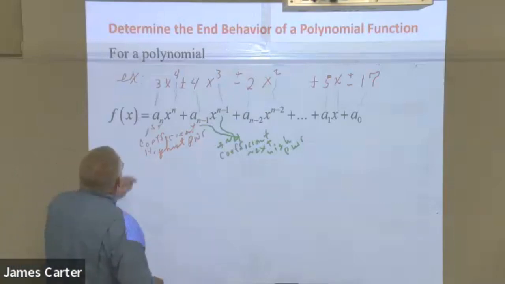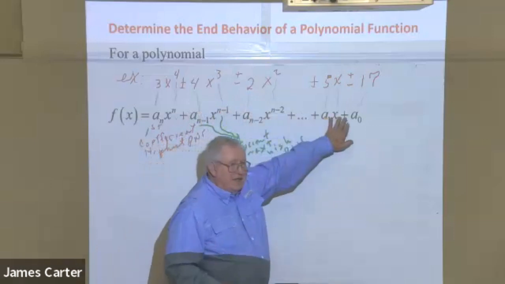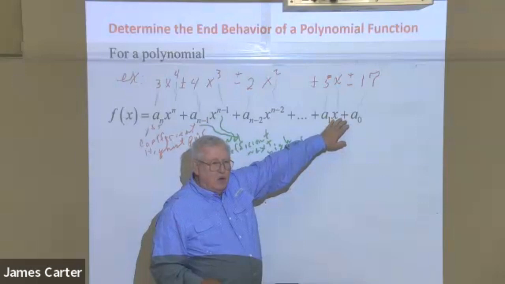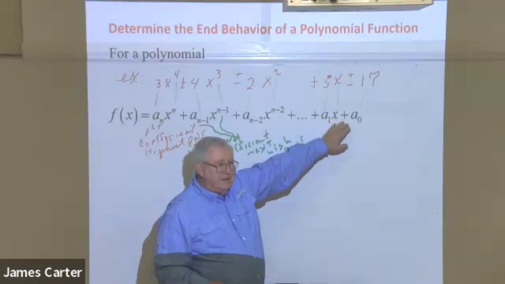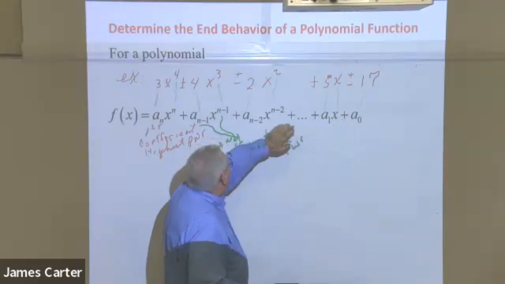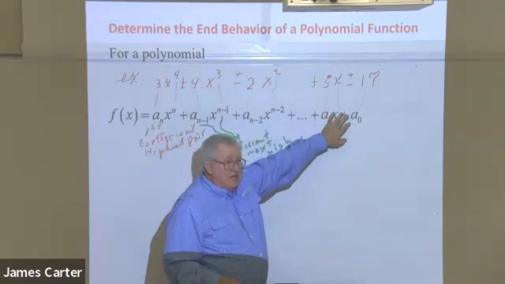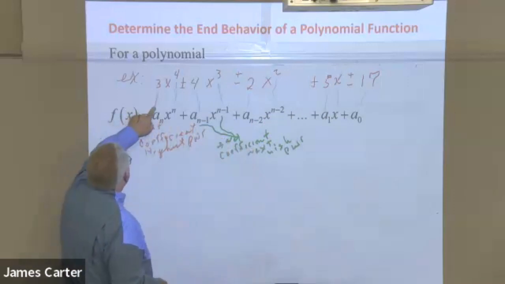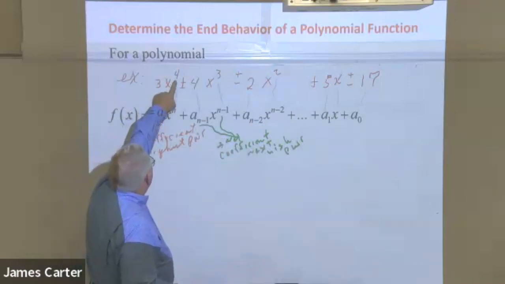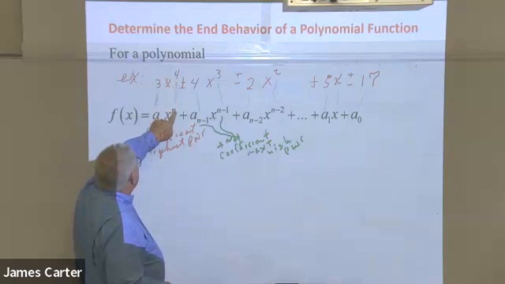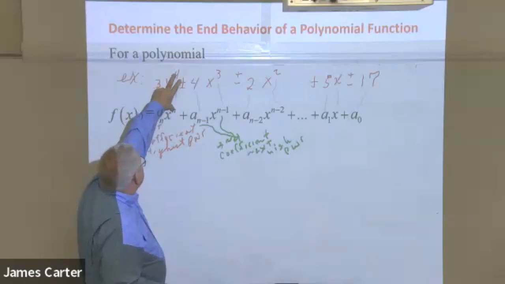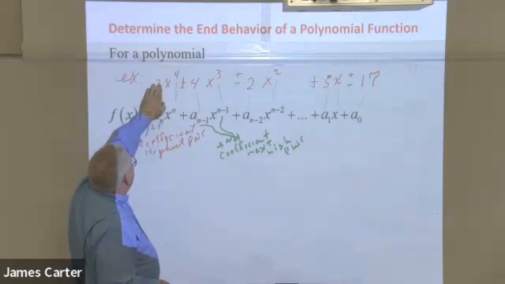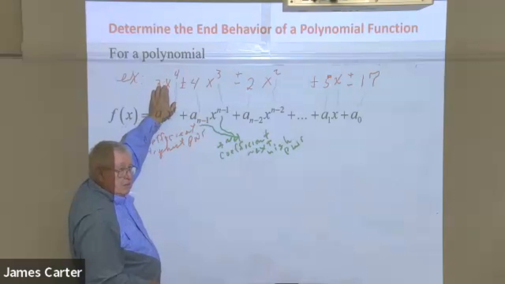But this is a general standard form polynomial of I don't know what degree. Okay. Now, here's an example put into this particular example. In this particular example, if it were fourth degree, the n here would represent this, and this a sub n would represent whatever number is up here.